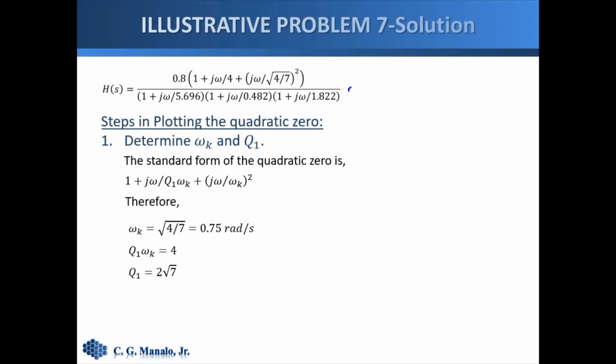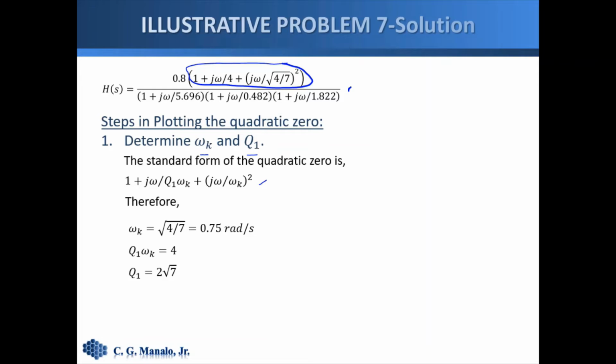So first, let us plot the quadratic zero. So this is the quadratic zero. To plot the quadratic zero, we need to identify omega k and Q sub 1. So take note that the standard form of the quadratic zero looks like this.